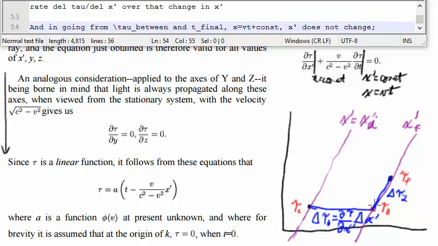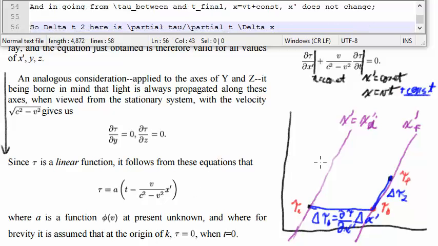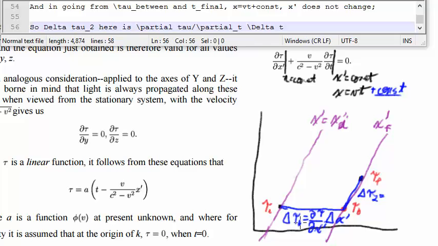And in going between tau between and tau final, x equals vt plus a constant. I may have said that wrong earlier, but x prime does not change. So delta tau 2 here is partial tau partial t delta t.